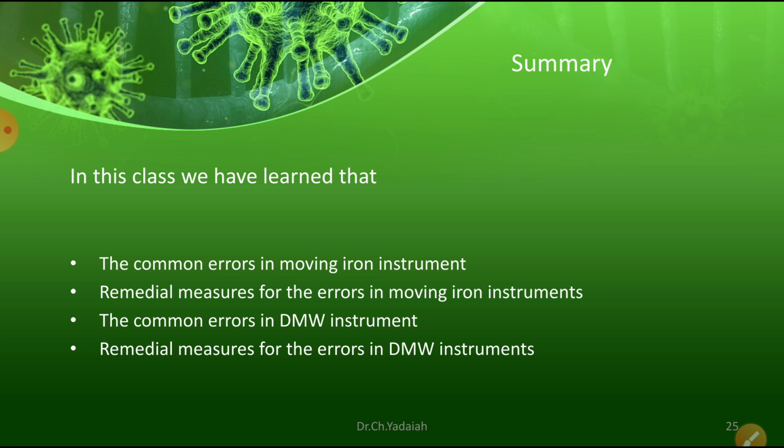And coming to dynamometer type wattmeter errors, we know that the torque to weight ratio is very low due to the extra weight. We have also seen frequency errors, eddy current errors, external magnetic field stray errors and temperature errors, and at the same time we have seen some remedies also.